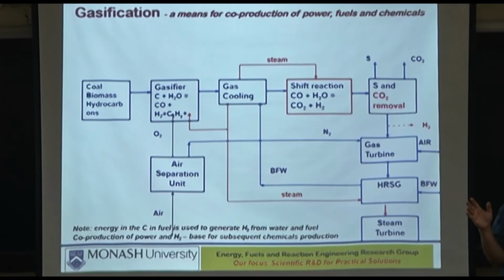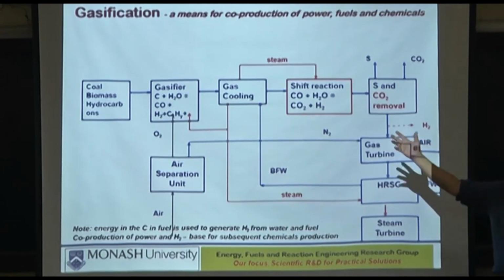So C2, C3, C4, etc., very, very low. So the methane will be coming predominantly from the pyrolysis process. That is the first step before the char gasification that takes place. So that methane will remain in this system anyway. And I haven't shown it. I was going to show it later anyway.